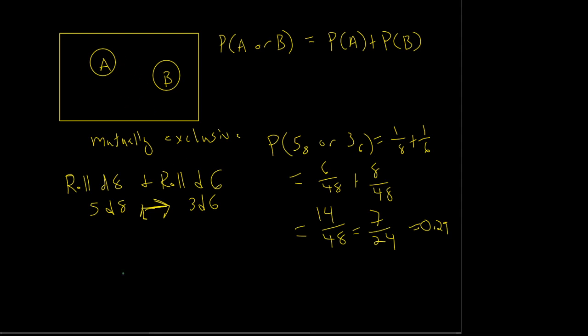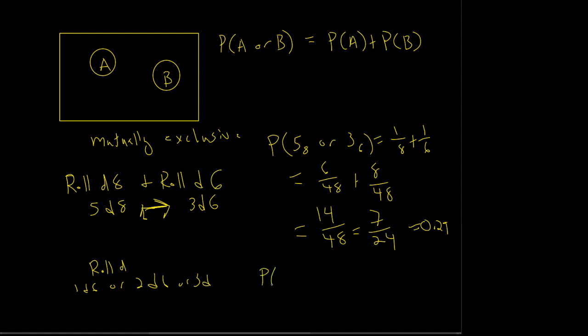If, for example, I just had a D6 and I did the probability of rolling a 1 on a D6, or rolling a 2 on a D6, or rolling a 3 on a D6, and so on, so that I had all possible outcomes.